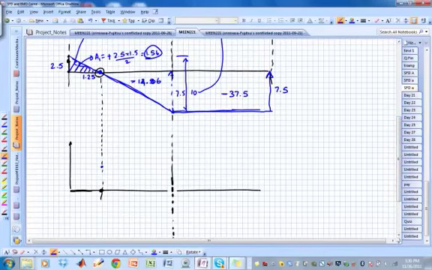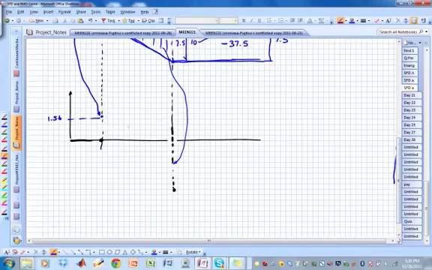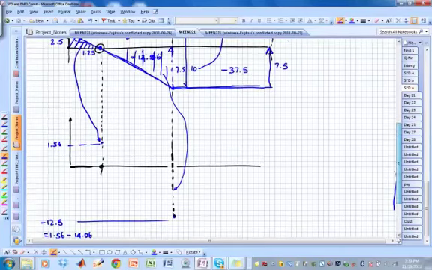So this area will be this height, and that's 1.56. And then this area will be this. Subtract that area from here, and you will get minus 12.5. That's equal to 1.56 minus 14.06. That's this area minus that area.